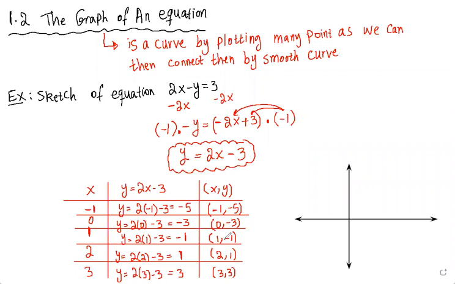So the first point is here, -1 and -5. So this is -1 here. So again, this is the y-axis, and this is my x-axis.